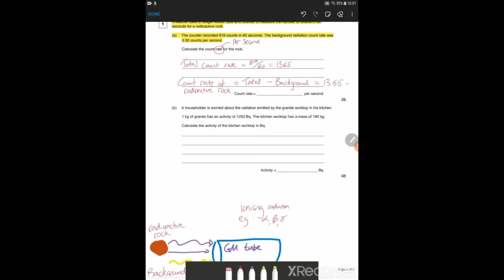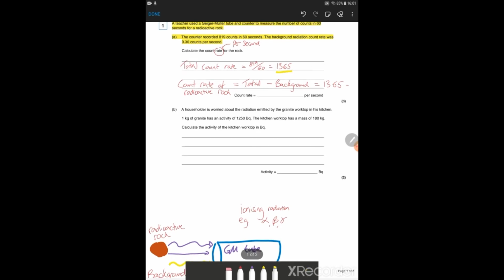So 13.65 I got from the total count rate, which was just here. No, 13.65 was here, and the background radiation was 0.3. Okay, here. So I'm going to do 13.65 take away 0.3.